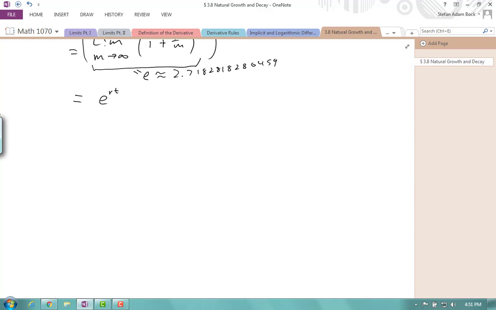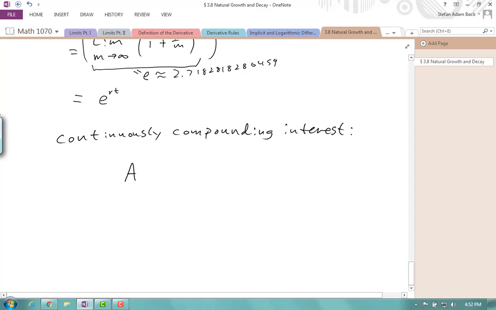So if I want to compound continuously, or if I want to compound infinitely many times for my money, I have a new formula. I have A equals A0 e to the rt, where the r here is still your interest rate. But you'll notice that this is exactly like the formulas I've been using for the rest of this section. So I'm not going to do one of these examples because this is going to work exactly like the population growth problem, assuming I want to gain money and not lose it.